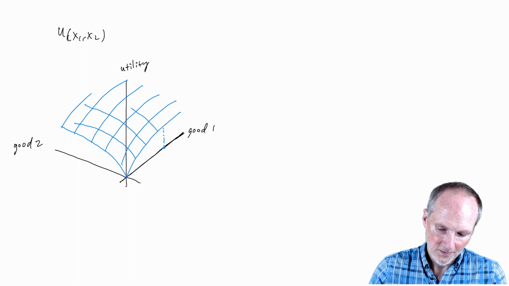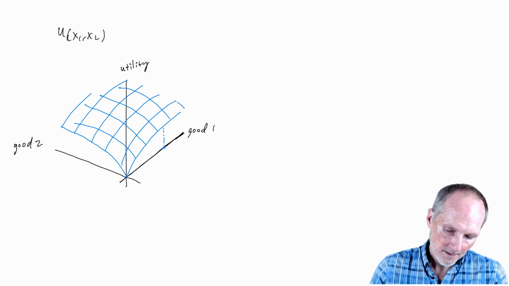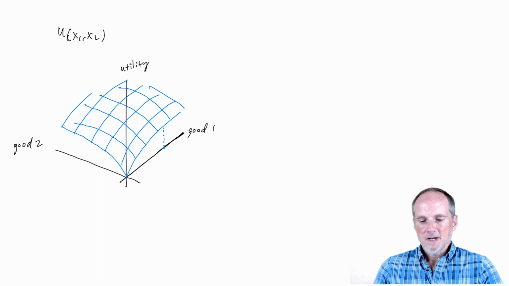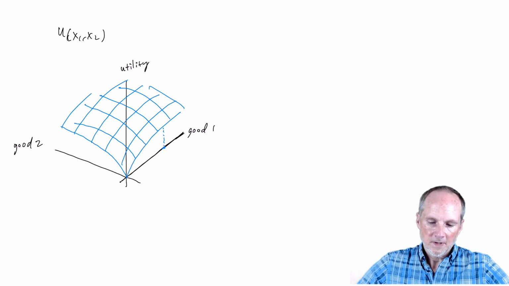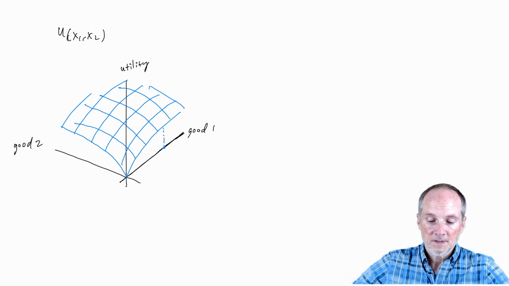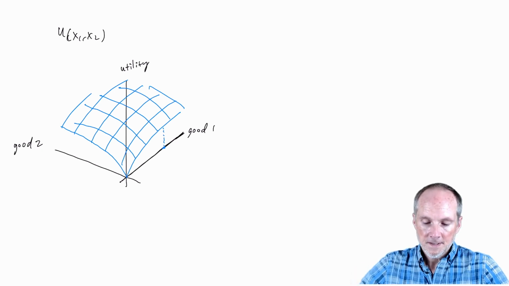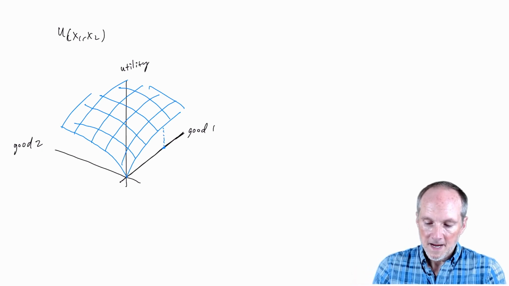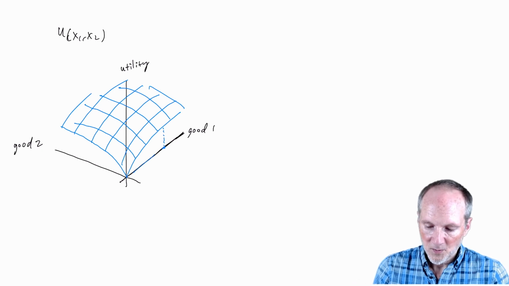This isn't looking so great, but maybe you can sort of see it's like a three-dimensional surface, or rather a two-dimensional surface in 3D that's increasing as I have more of good 1 and more of good 2.